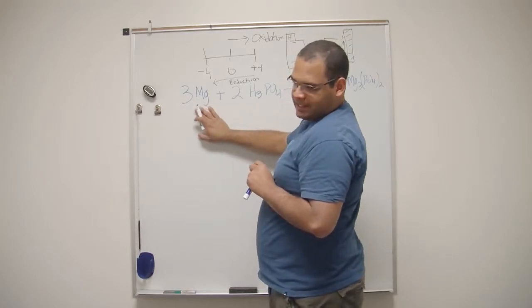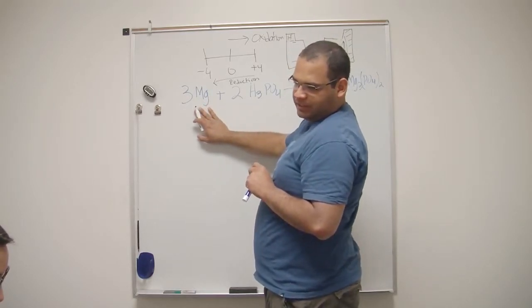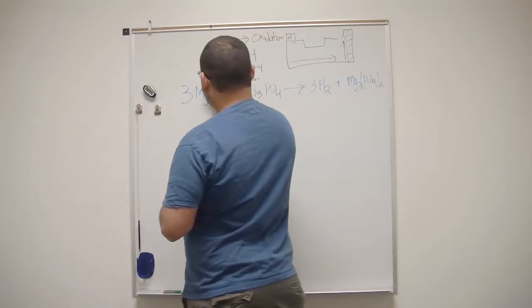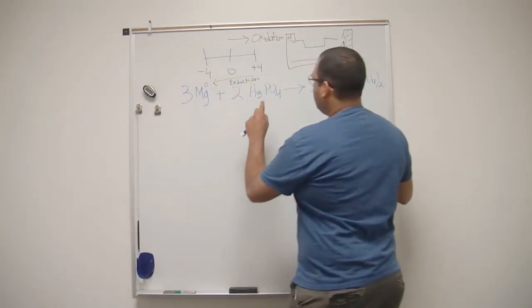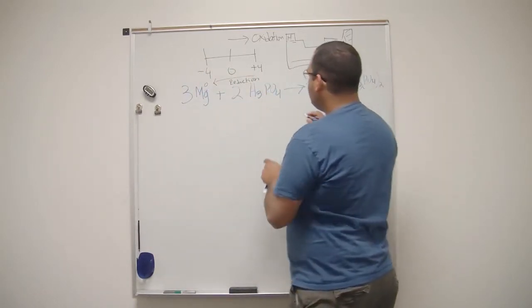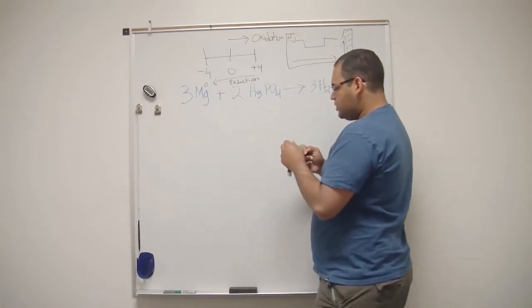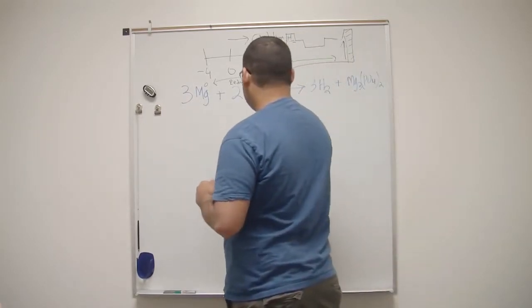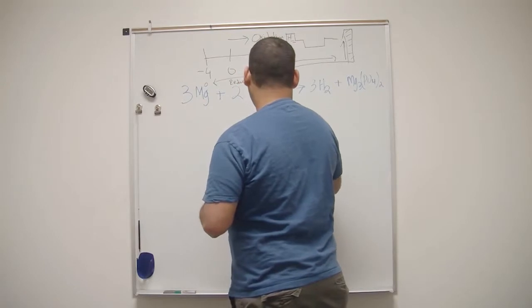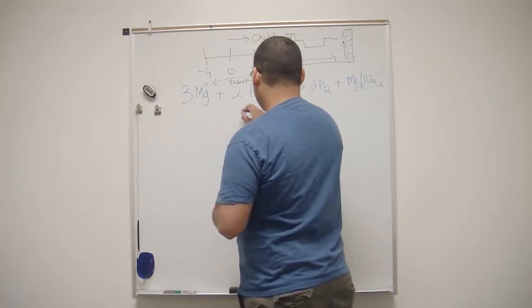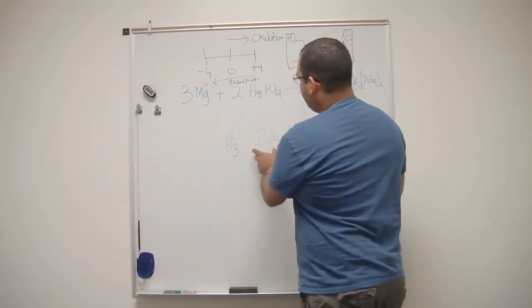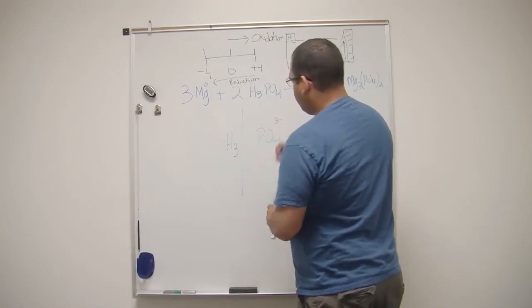Mg by itself, what is the oxidation number there? 0. Hydrogen, we could do this in two different ways. I like doing this: H3PO4, I break it into two parts. I know that this polyatomic is a 3-, right?